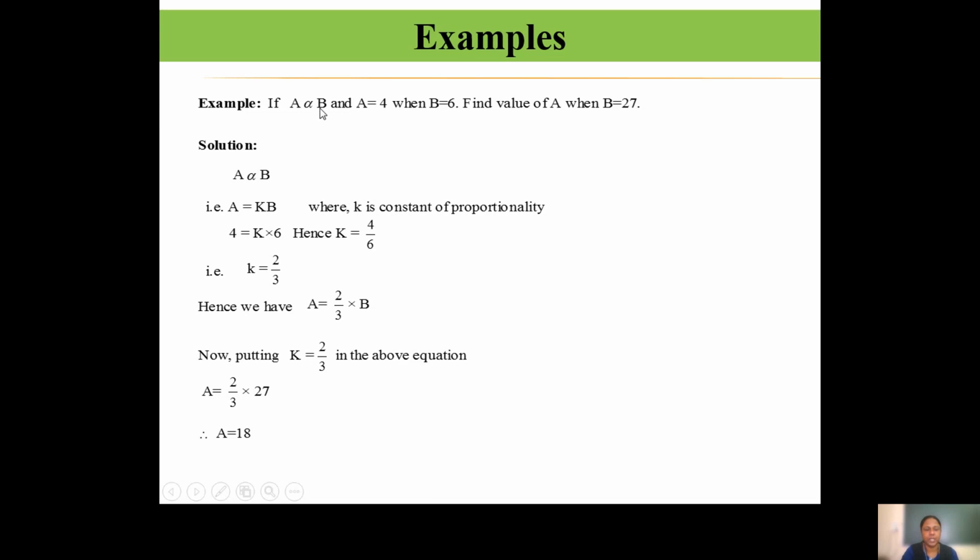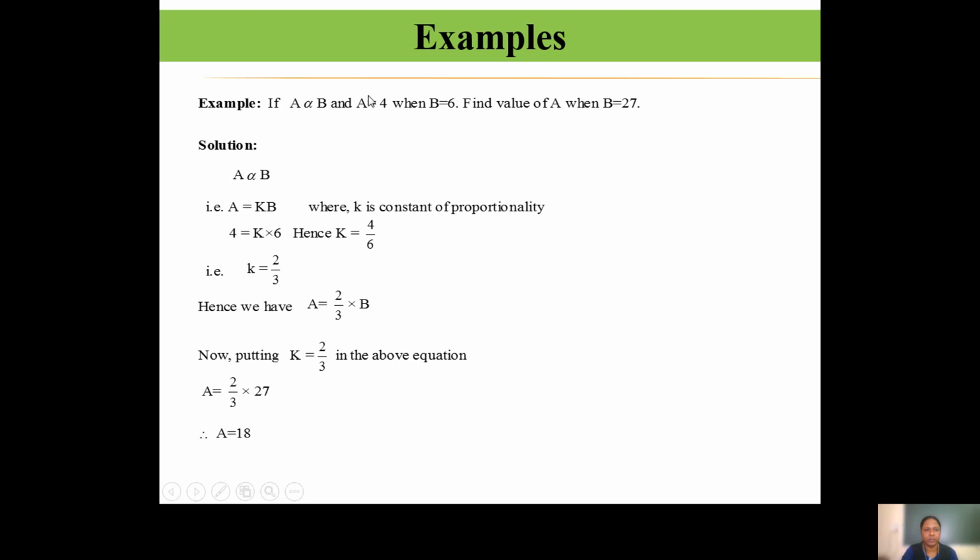If A is directly proportional to B, and A equals 4 when B is 6, then find the value of A when B equals 27. Whenever A is directly proportional to B, we can write A equals K into B, where K is a constant of proportionality.